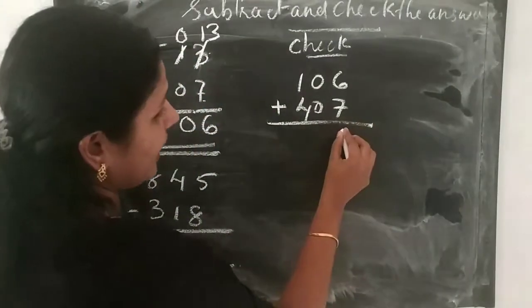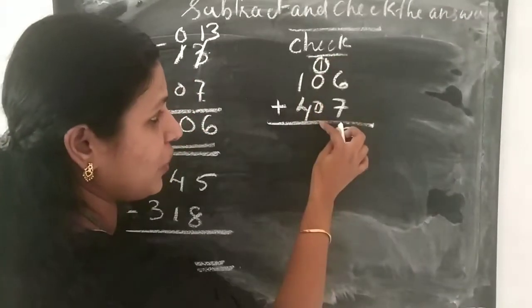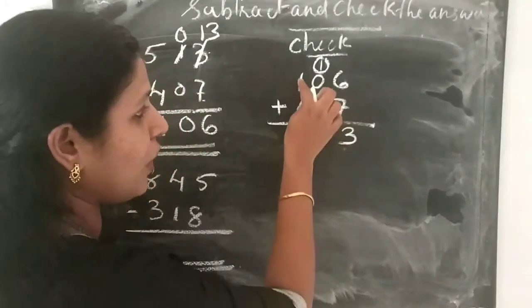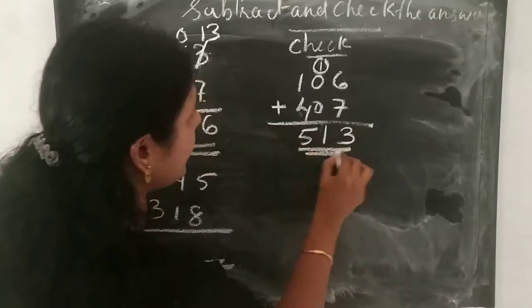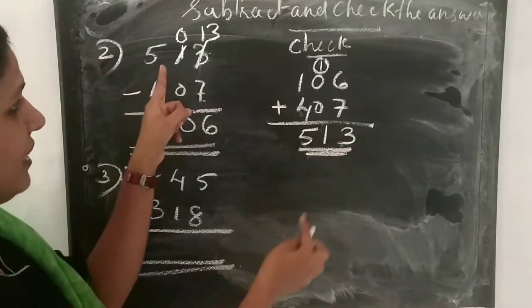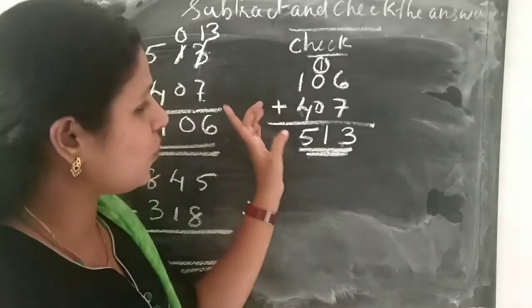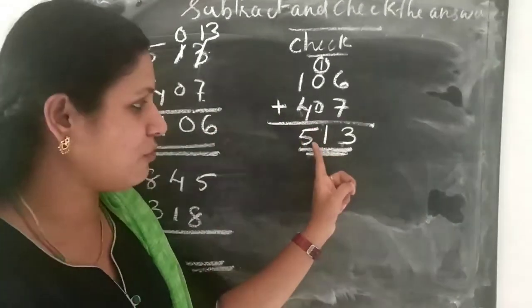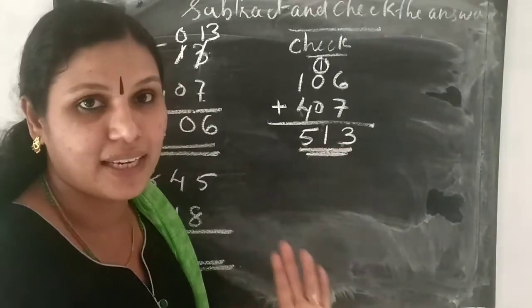So here we get 13 and carry over 1. 1 plus 0 is 1. Now 1 plus 4 is 5. So here we get 513. Here our question is 513. Understood? So our answer is correct.